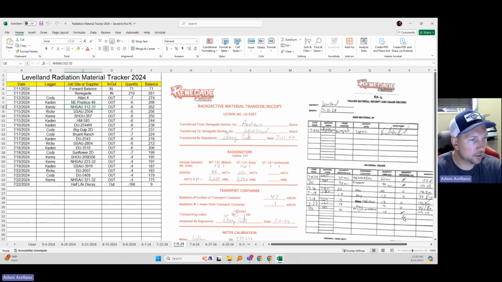We're leaving it on the trucks, and we also claim that the trucks are always staying out in the field.